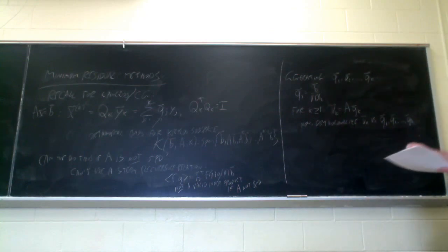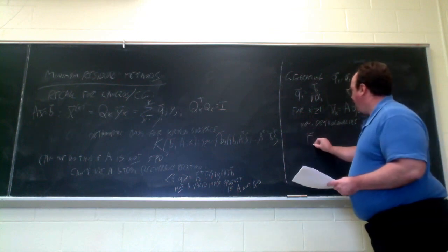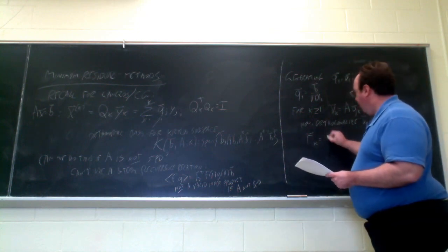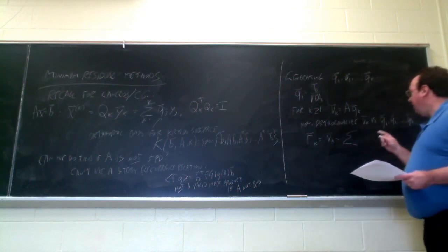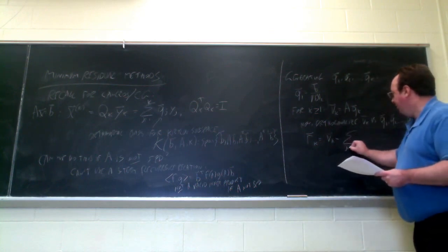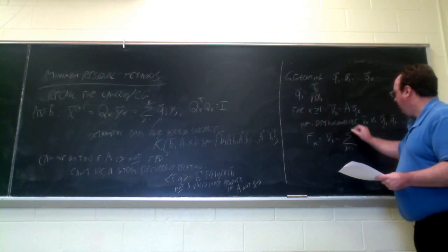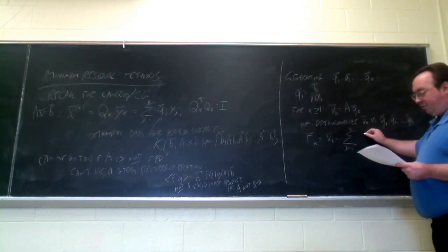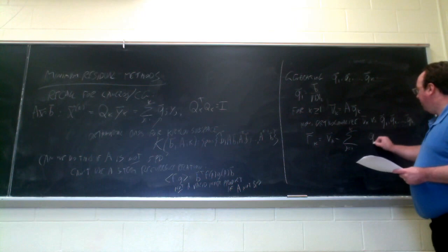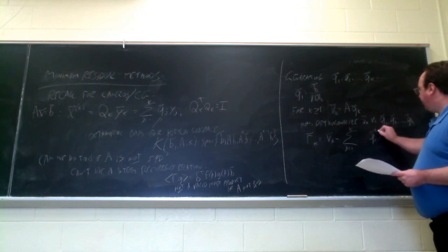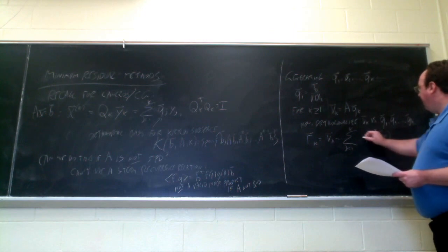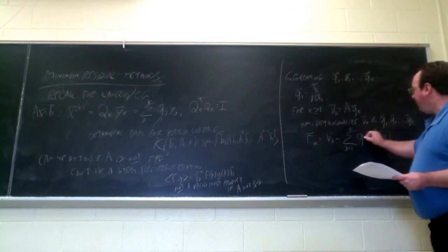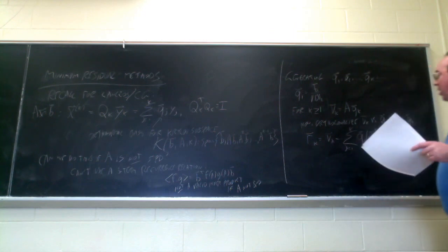Now, the way I do that is I have rk equal to vk minus, and here's how I do the orthogonalization. I take the inner product of each of the previous q's with vk and multiply that by qj, and I subtract that off.